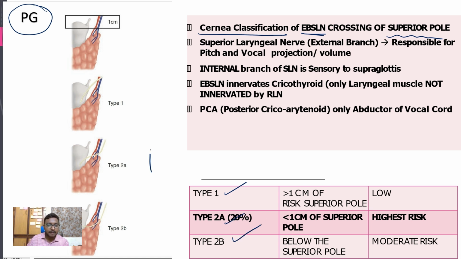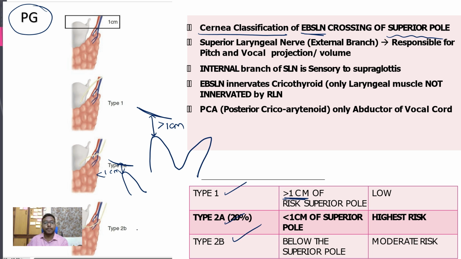Type 1 is, if this is the superior pole of the thyroid, you can see in the picture here, the gap between the external nerve and superior pole will be more than 1 centimeter. Whereas in case of type 2, there is less than 1 centimeter gap between superior pole of the thyroid and external branch of superior laryngeal nerve.